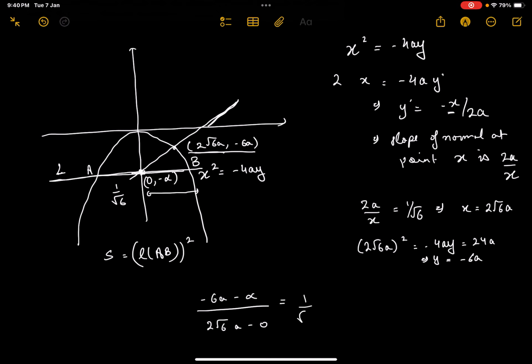This is 1 by root 6. That gives us minus 6 root 6a minus root 6 alpha is 2 root 6. Sorry, we have a plus alpha here, which gives us alpha is 8a.